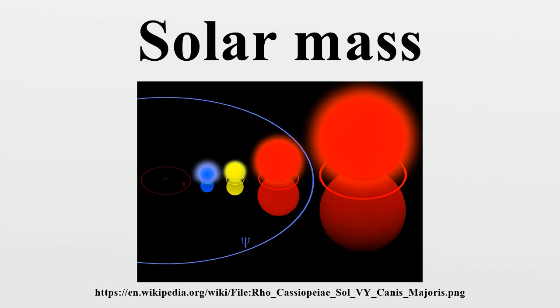Related units. 1 solar mass can be converted to related units: 1.9885 × 10^30 kg, 27,068,510 megaliters, 332,946 Earth masses, 1047.56 Jupiter masses, and 1988.55 yottatonnes.